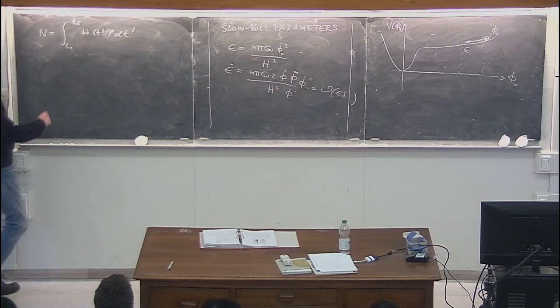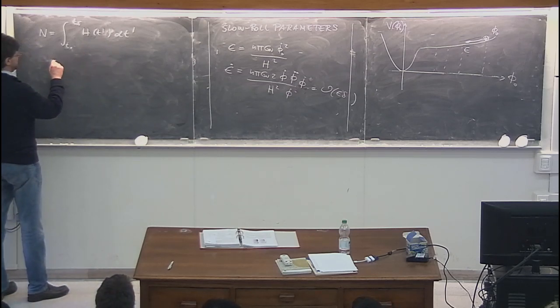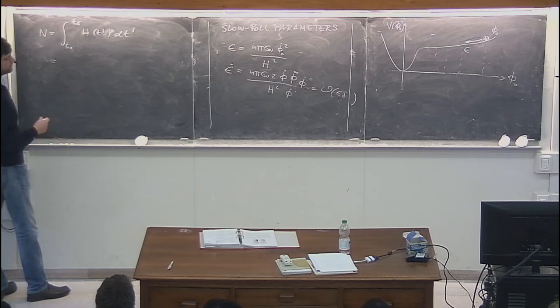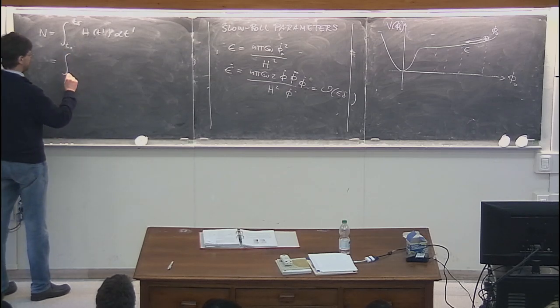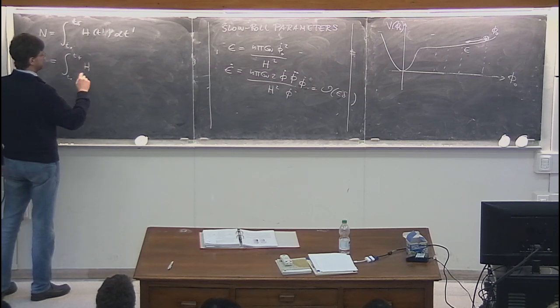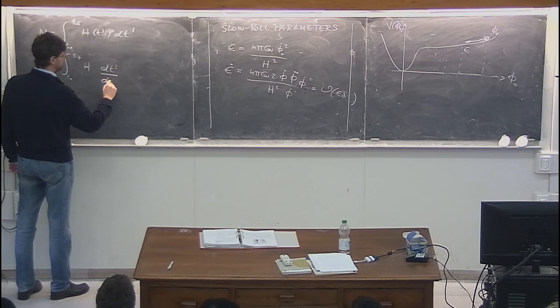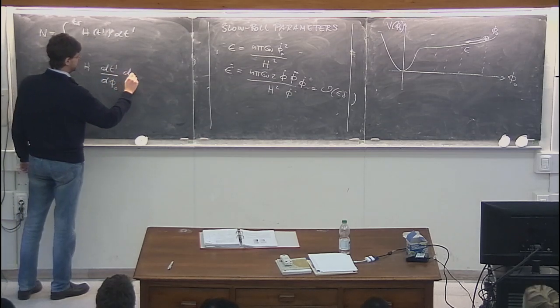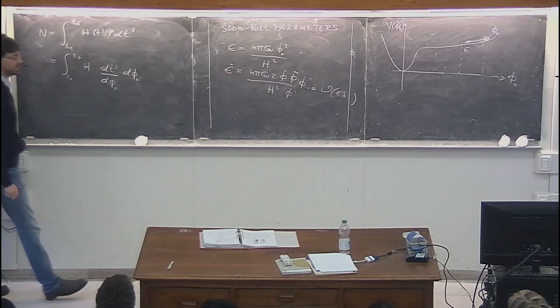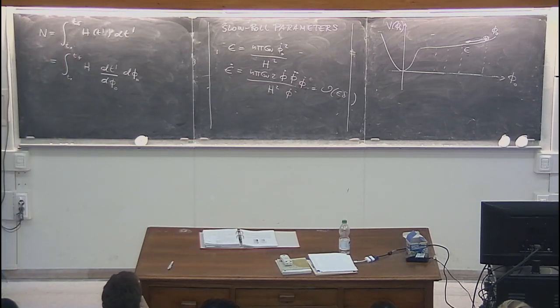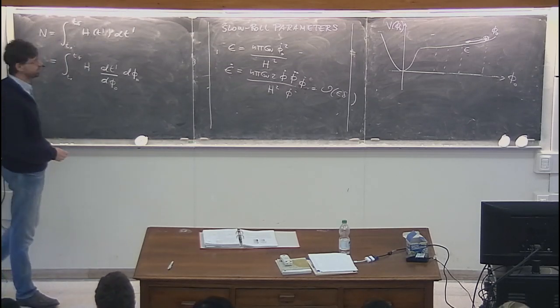Okay? So now in order to compute this number, given a model of inflation, I do the following. I integrate it again, but I change my variable now. Instead of taking dt prime, I take dt prime over d phi 0 times d phi 0. So I want to trade my time coordinate with my inflaton field.